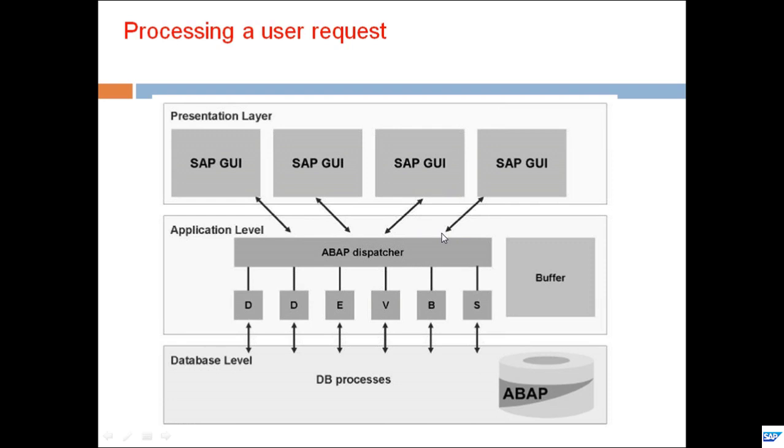So if you see here, the screen entries of a user are accepted by the presentation program SAP GUI. What it will do, it will convert that into the internal format, and then it will forward it to the ABAP dispatcher. The ABAP dispatcher is the central process of ABAP.